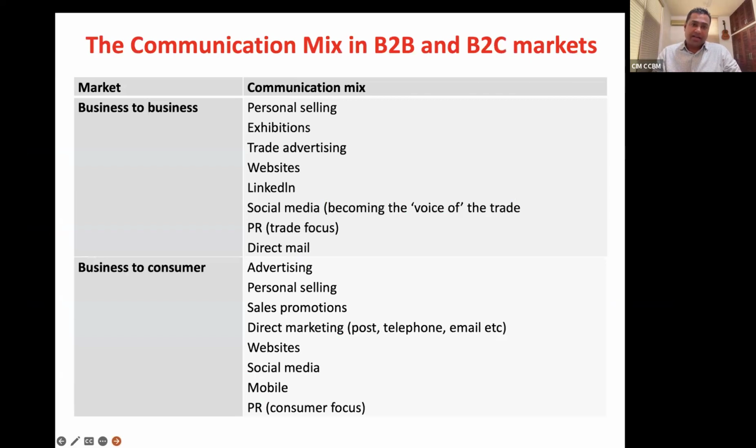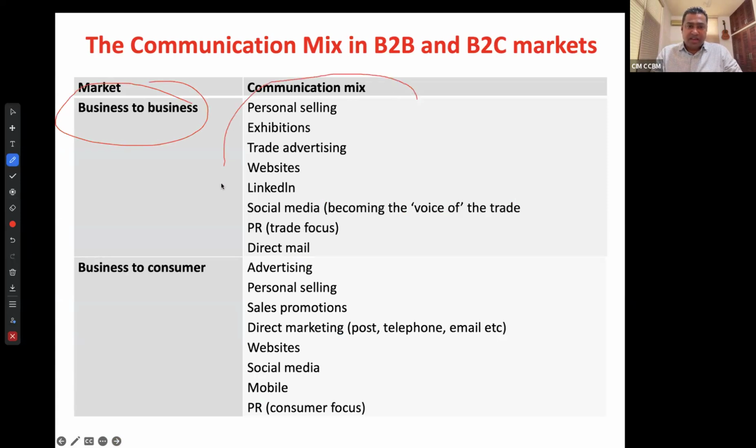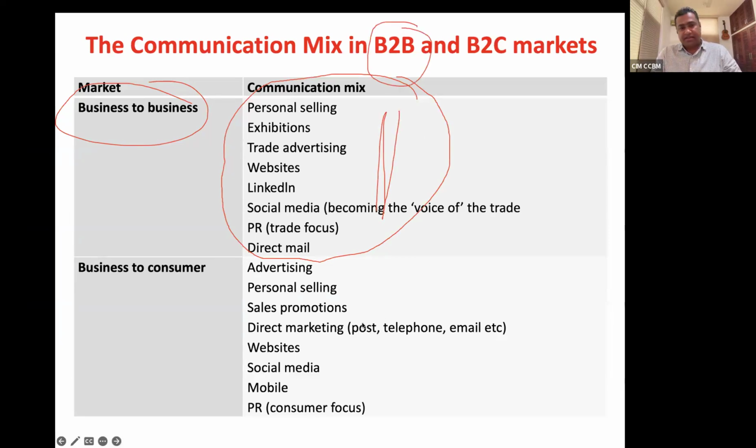And now we look at the entire communication mix, the entire promotional mix when it comes to B2B and B2C markets. So when it comes to business, you can see personal selling, exhibitions, direct mail, LinkedIn, websites. These are the channels you can use in B2B sales, complex sales.